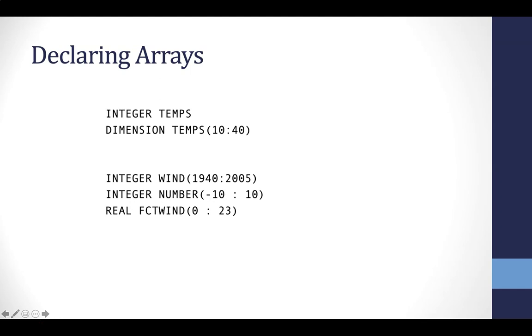And then maybe the forecast wind, and so we have our forecast hours of 0 to 23 or 24 hours, 0 UTC to 23 UTC. So we can make these integer values, and again, they must be integer values for our array addresses. Anything we want that might be helpful in us understanding our code and somebody else understanding our code.